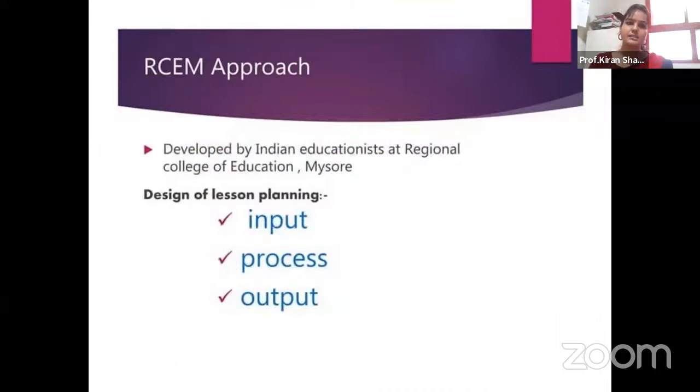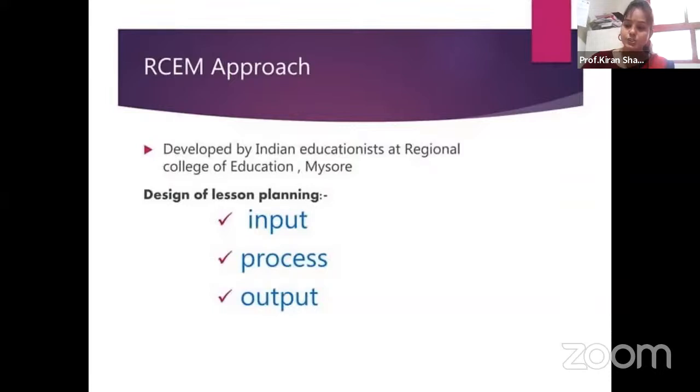Next is the RCEM approach, which was developed by Indian educationists at the Regional College of Education, Mysore. This type of approach or design of lesson planning consists of input, process, and output.